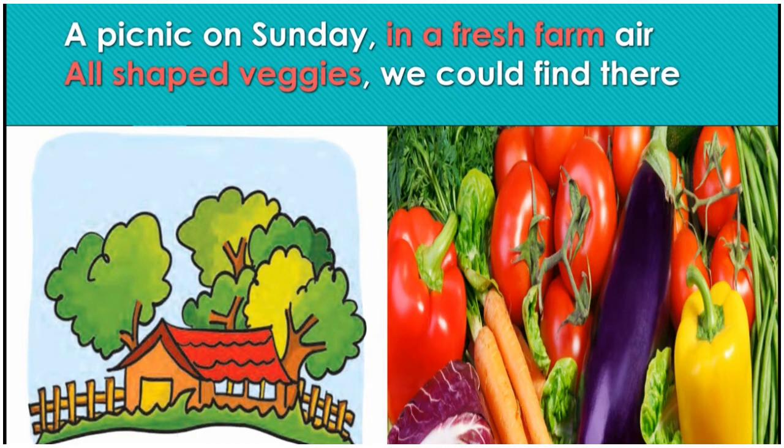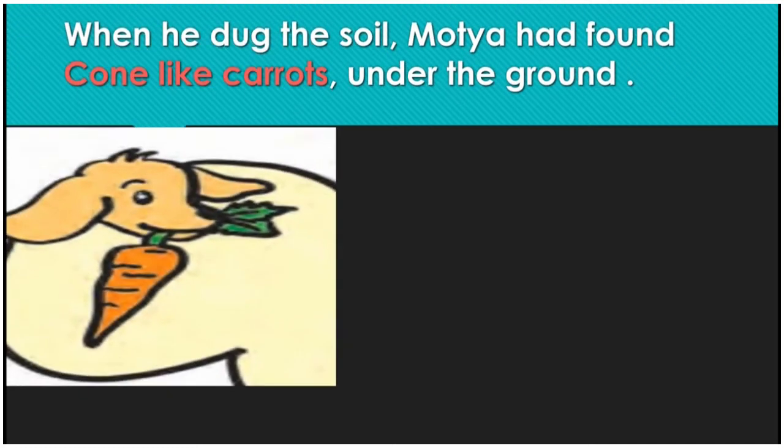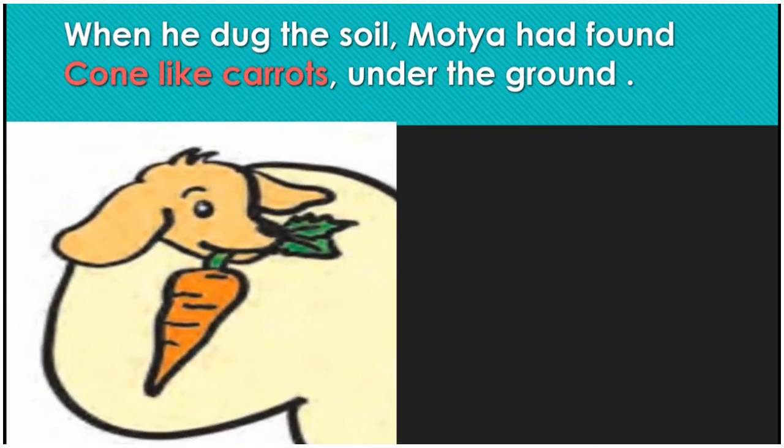So see next, students. You can see, when the dog dug the soil, Mota had found cone like carrots. There is one dog, his name is Mota, students, and he found cone like carrots. He found carrots in the farm. And what is the shape of the carrots?